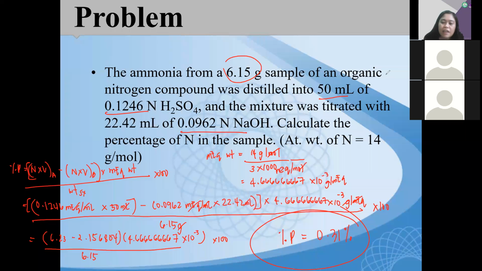This is already rounded off to 2 decimal places. Another answer given was 66.01%. Please check which part of your process went wrong, since most of you did not get 0.31%.